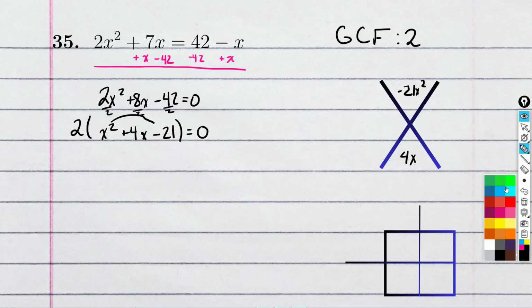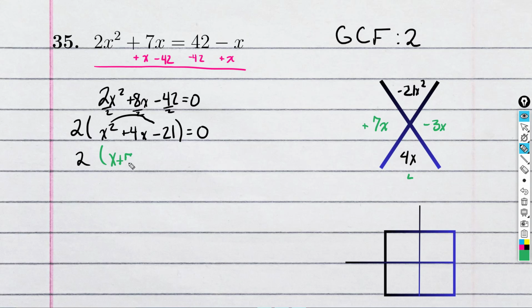So the numbers that can do that are 7x and -3x, because they have to be opposite signs, and the larger one needs to be positive. So we still write down that 2, and then we have our x plus 7 and our x minus 3 as our other 2 factors.